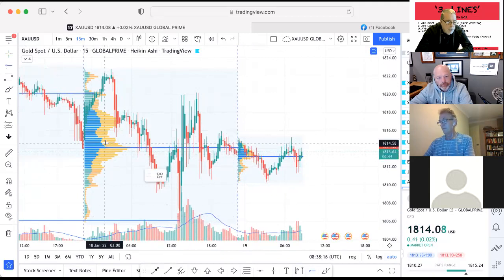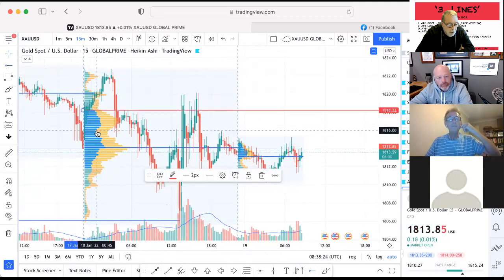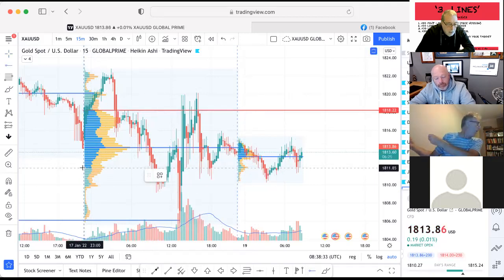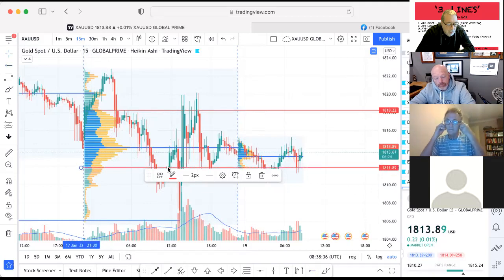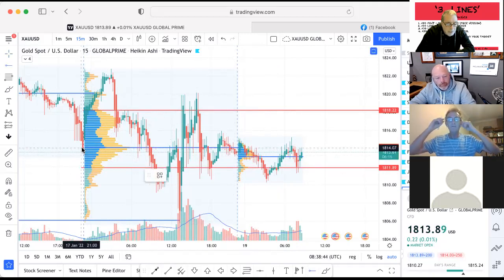And if I mark the value area, which is the top of the dark blue, as you can see, it changes from dark blue to pale blue there. The value area is the dark blue. Put the line on there, and the 3rd line we put on is the point of control, which is there.